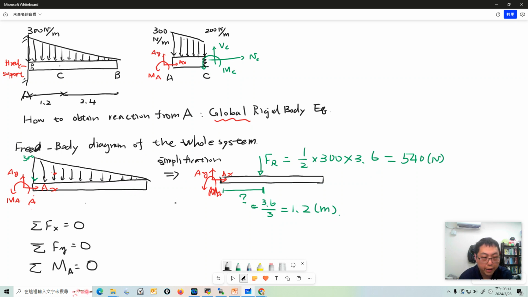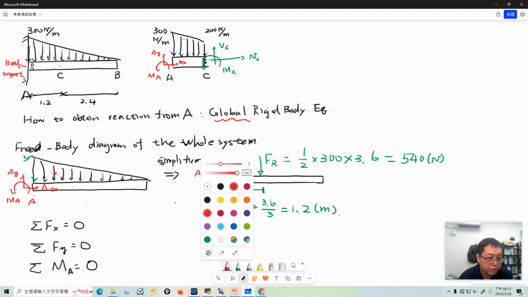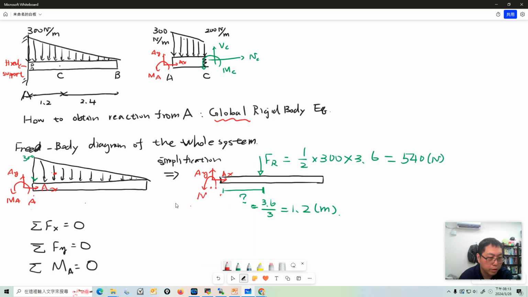So sigma Fx equal to 0, so what do we have? I should write it more neatly, not in a messy way. The moment at A, where A is here at the end. For Fx equal to 0, we have the x component Ax, which is the only x component force in the system, so nothing else.